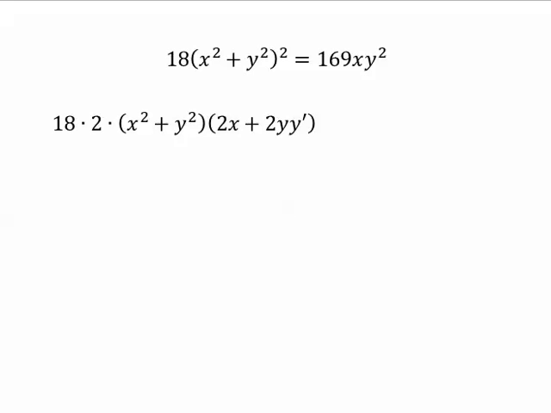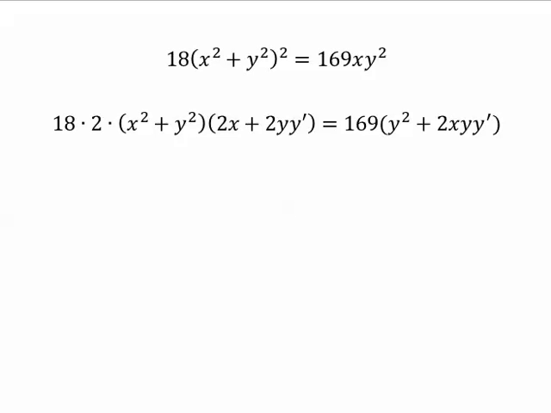For the right-hand side, xy squared, I'm going to have to use the product rule. So it'll be the derivative of the first times the second plus the first times the derivative of the second. And this is what I get.